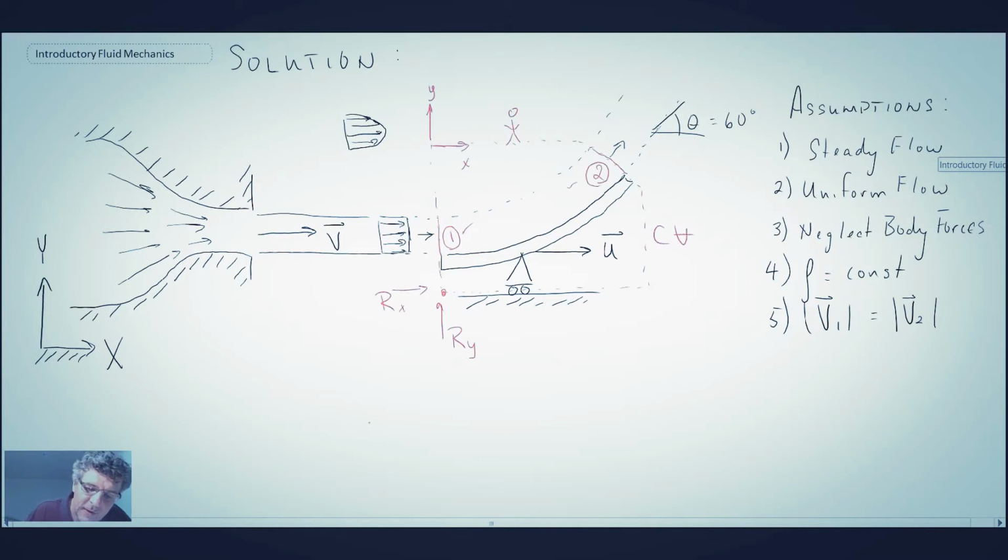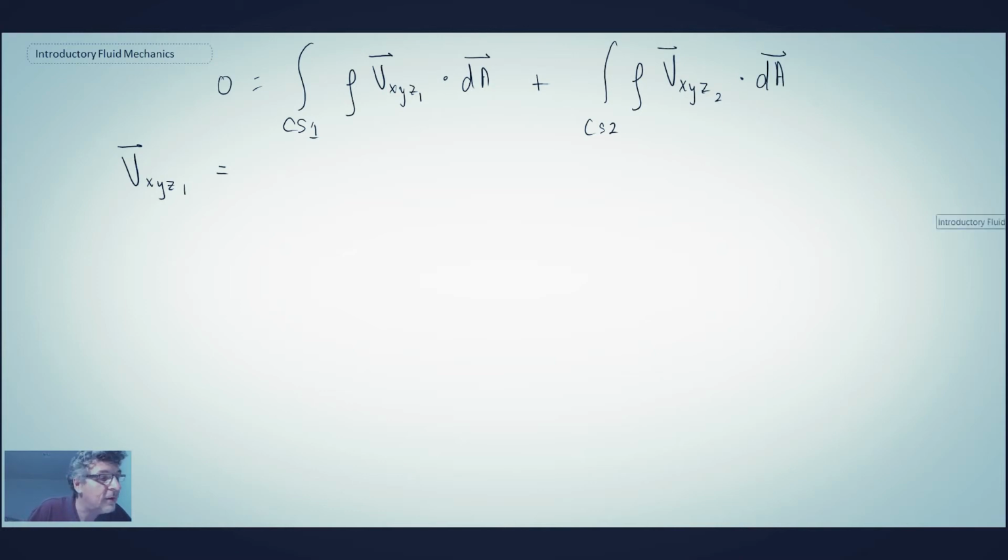We have V coming in, and the control volume itself is moving at U. So the velocity coming across with respect to the control volume is the difference between those two: V minus U. Both components are moving in the x direction, so I can write it out in the i component.